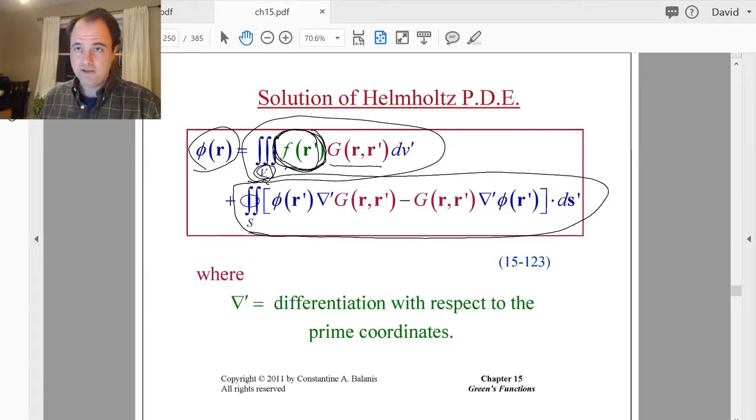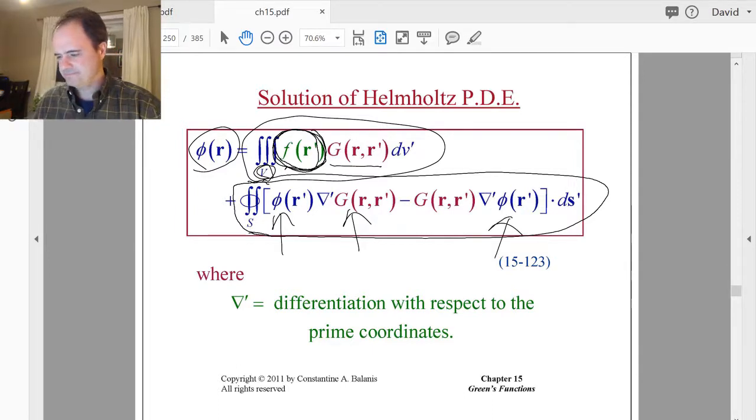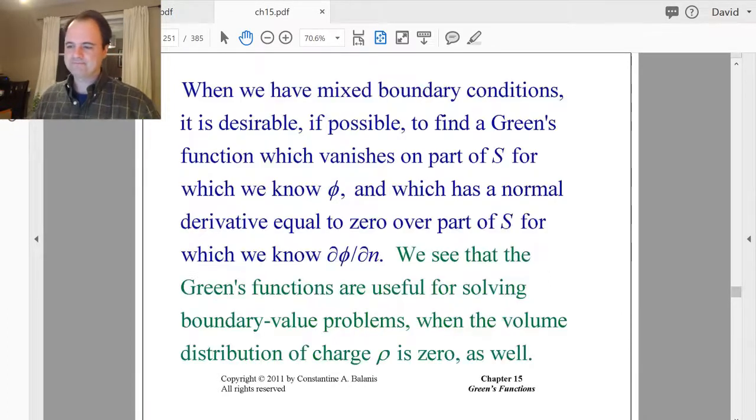But this is where our boundary conditions come in, because quite often this is 0, or this is 0, or this is 0 on the surfaces, all right? So we're going to look at each one of those situations.